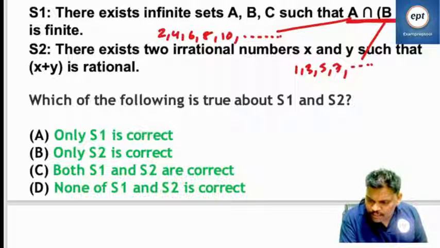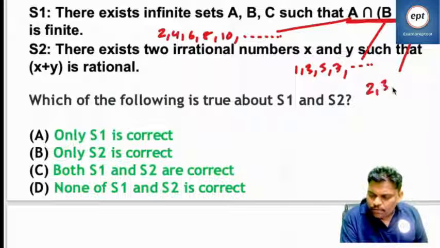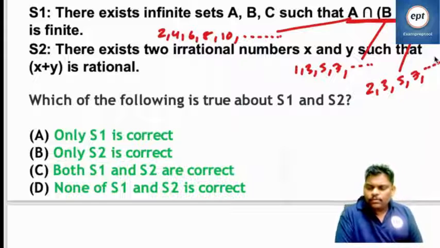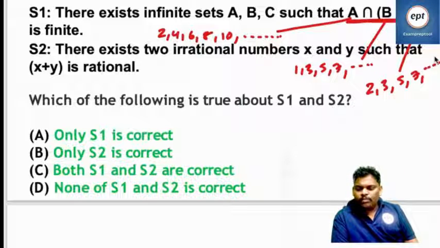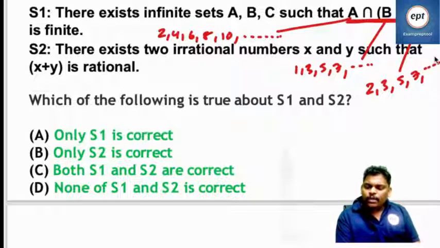C is prime numbers. So can you help me? What is the result?